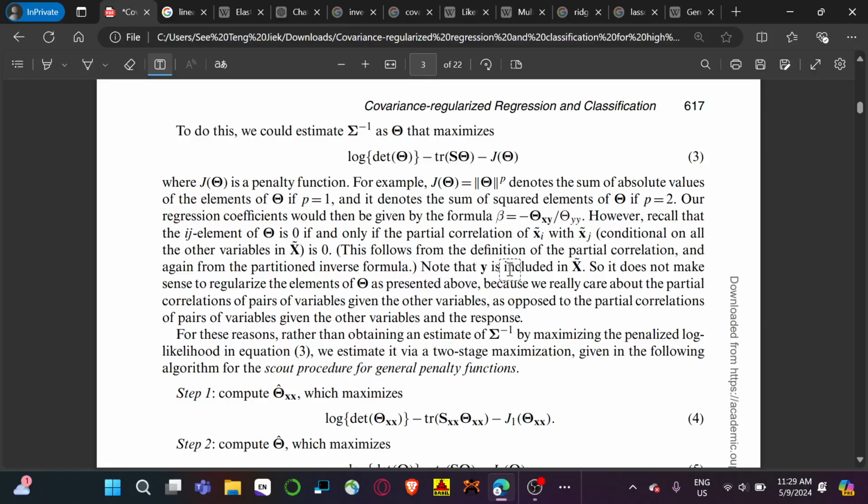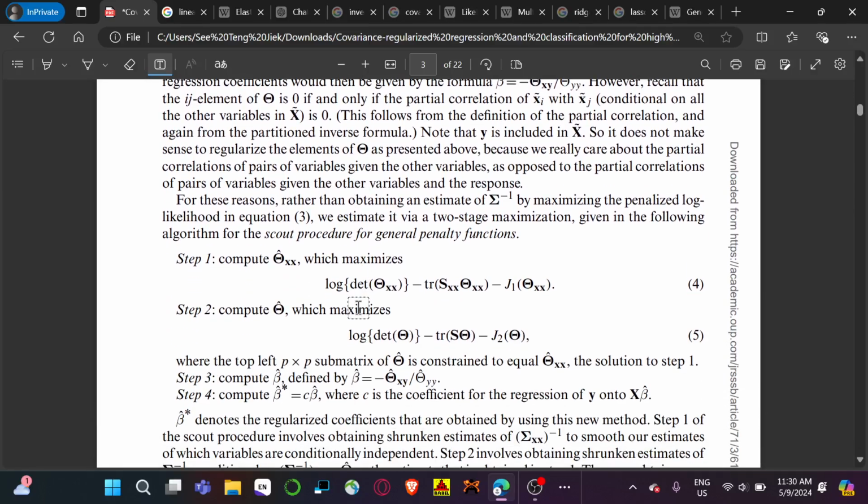Note that y is included in x tilde, so it does not make sense to regularize theta as presented above, since they only care about the partial correlations from each of the feature variables instead of with the y label. We don't care about the correlations given the response, but only between the x values.